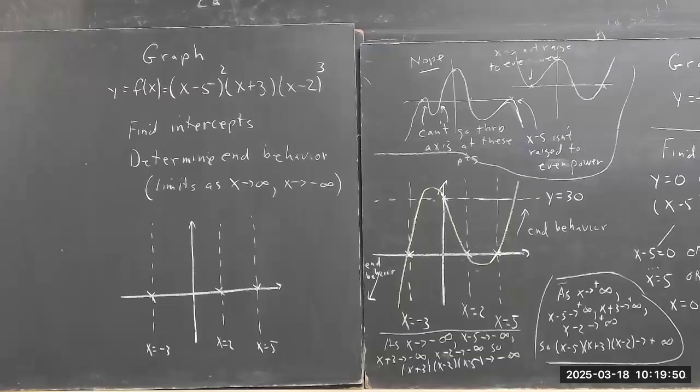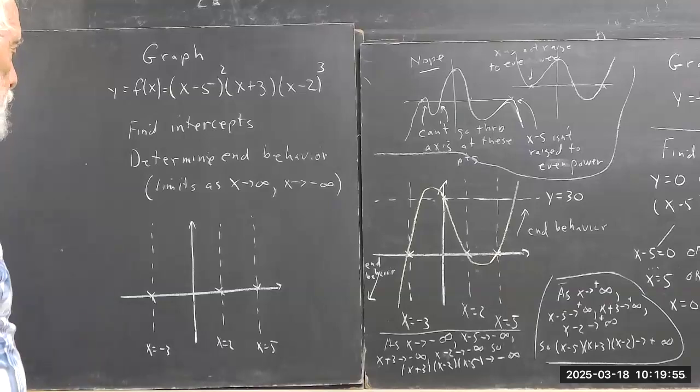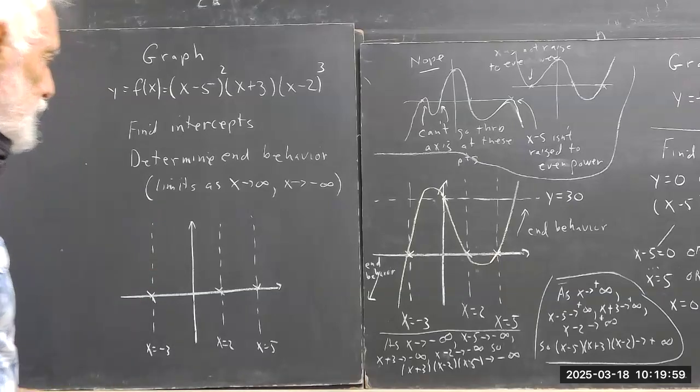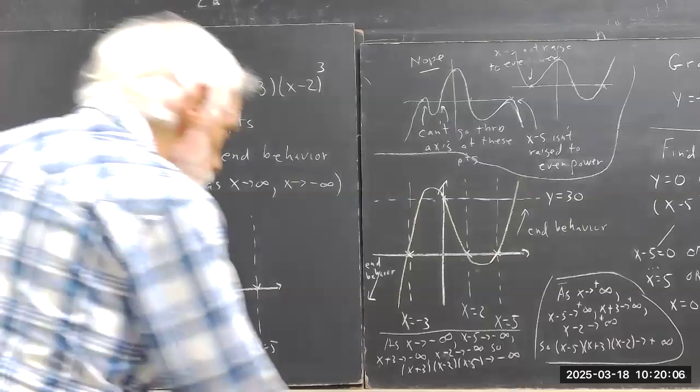Okay, now determining the end behavior and then determining the behavior at the zeros. There's a lot of detail involved in it. So we've got to make sure we understand all these details.